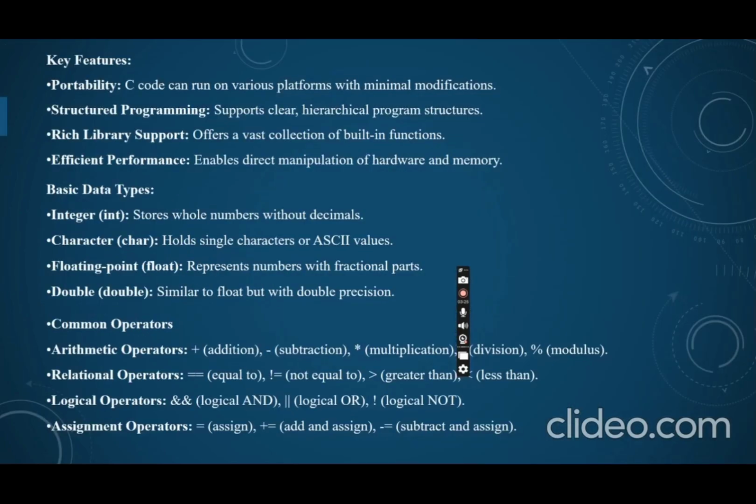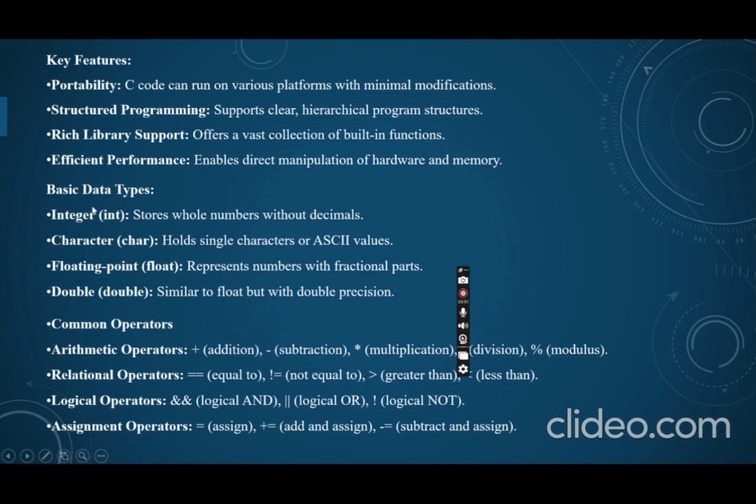We also learned about functions, many things. We'll look at them with examples, and these are the key features which I conclude on the training of C programming by Emertxe.